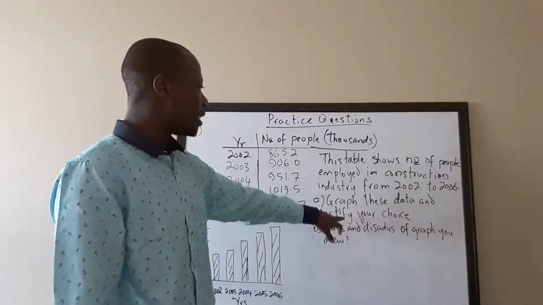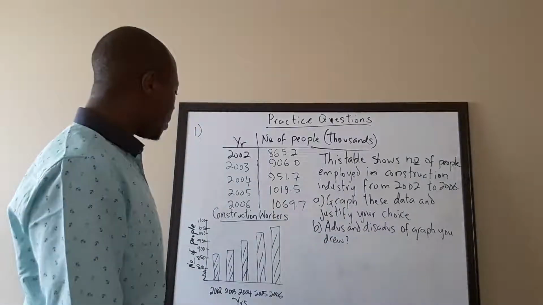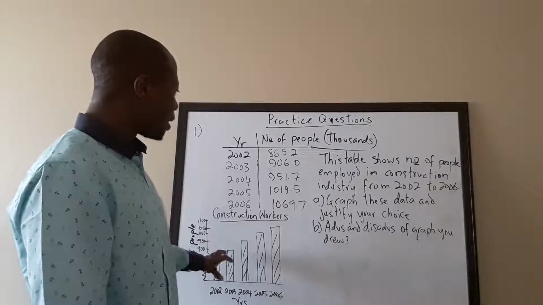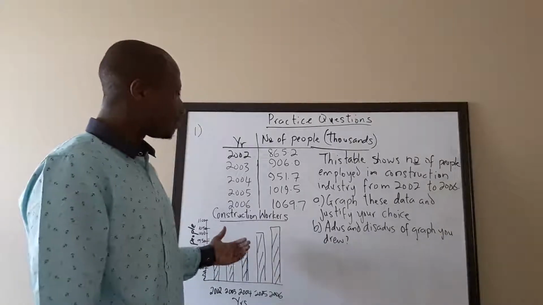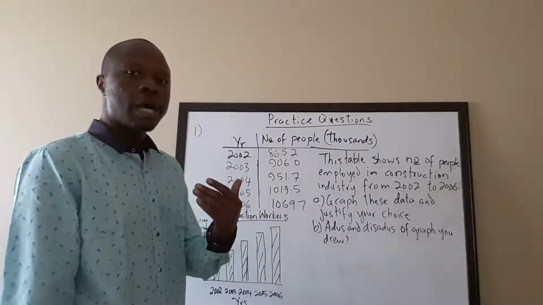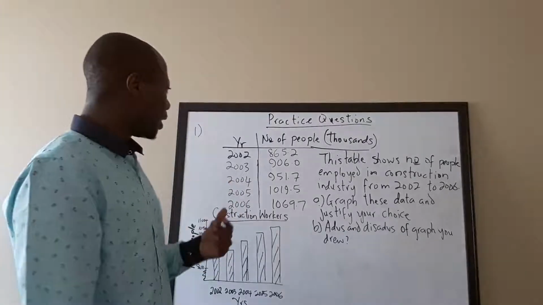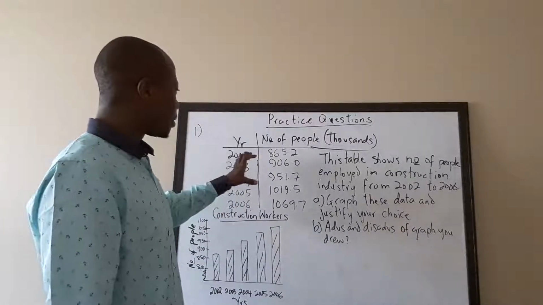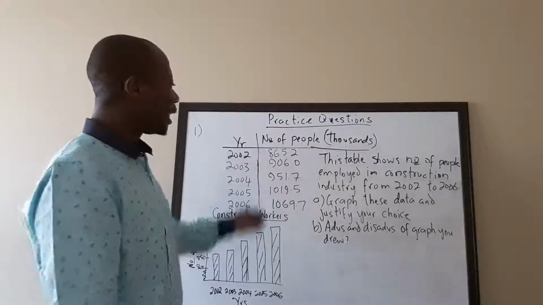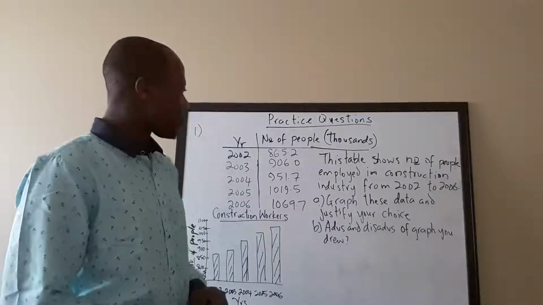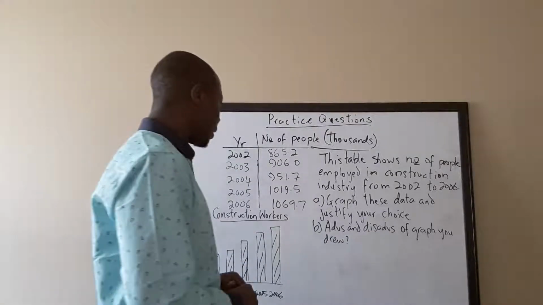Graph these data and justify your choice. Now I've decided to go with the bar graph because the bar graph shows more clearly the number of people in each category. So that's why I'm doing this.